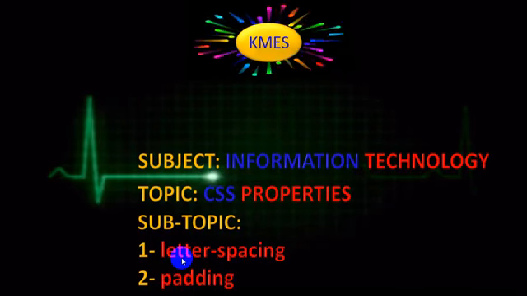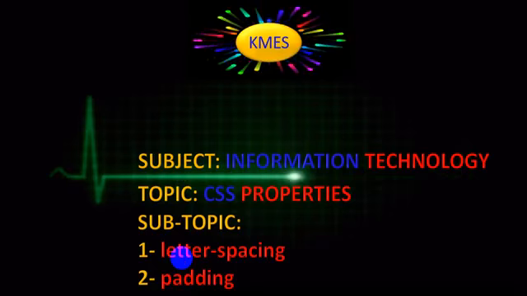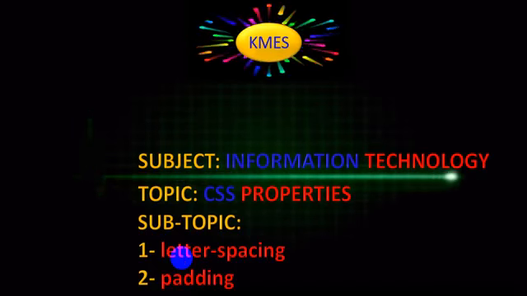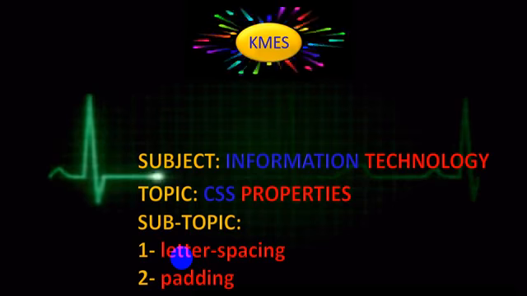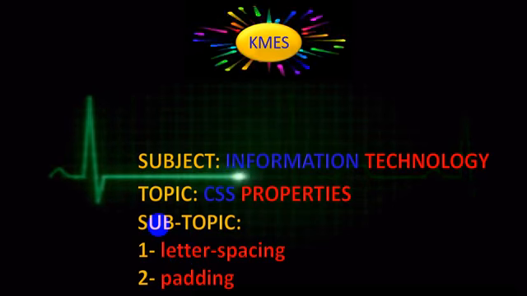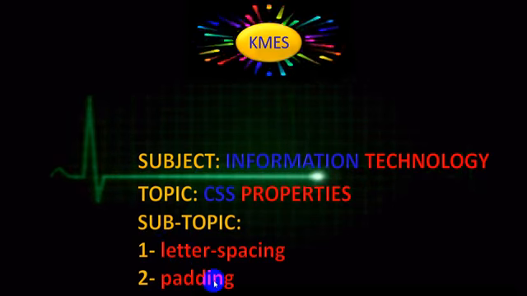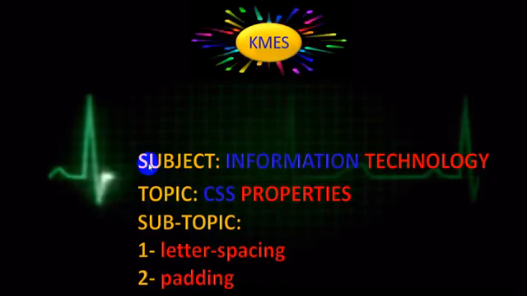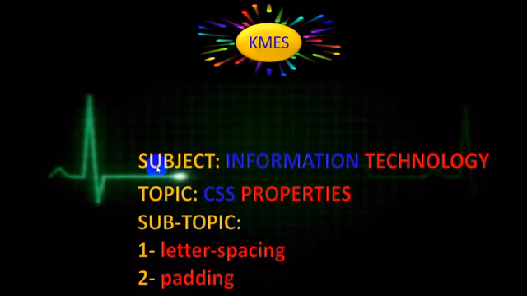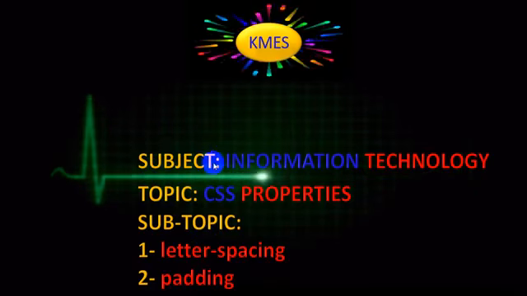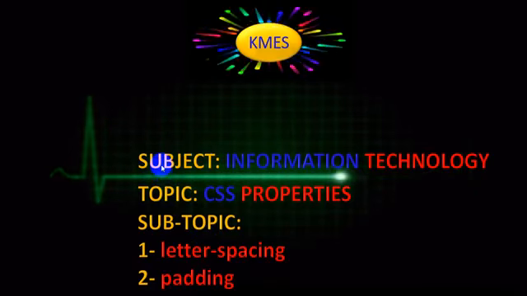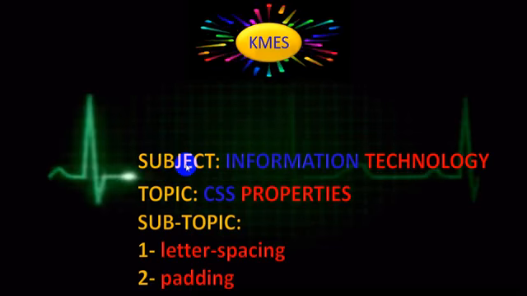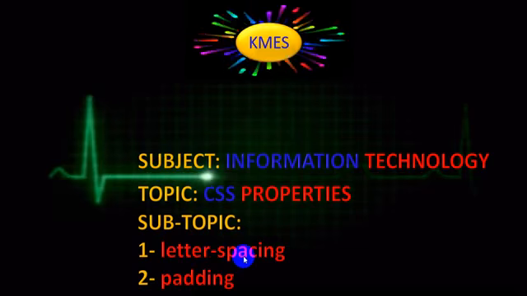And what are the letters? Letters are nothing but the set or the sum of some characters or some words. For example, if you notice in this paragraph or in this title, subject, there is no space between S and U, and again there is no space, it's a single word. But if you want to assign spaces between these characters, you can use letter spacing.